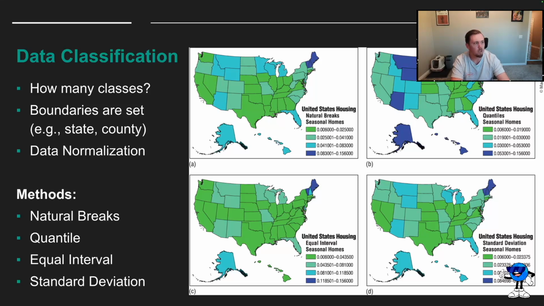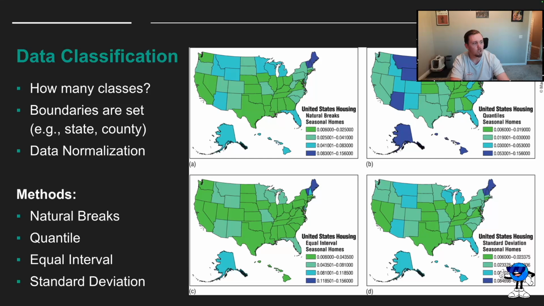The first of these data classification methods is called natural breaks. As the name implies, this method involves taking all the values being mapped and looking at how they're grouped together. The spaces in between the data values are used to make different classes of ranges of data that are displayed, as shown in figure 7.8a, which is based on natural breaks.